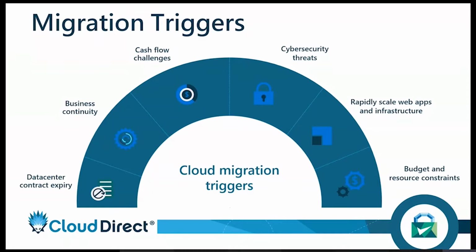So the things that the whole business needs to take into account to get a full view of why we would look to move to the cloud or why we would look to Azure. Basic examples here would be your data center contract expiry or any on-premise end of life hardware as a catalyst for looking at potentially moving to the cloud.